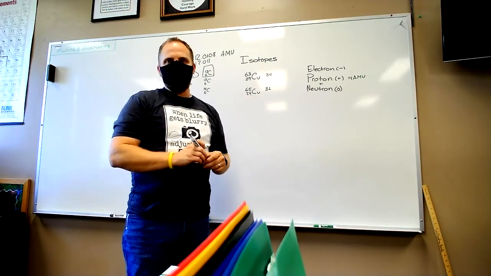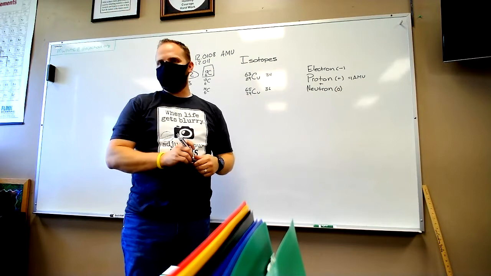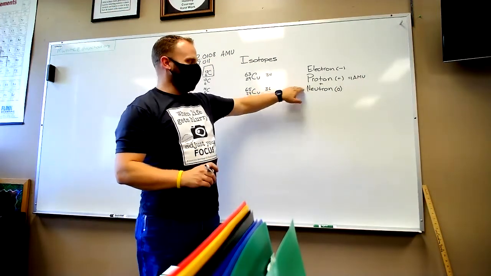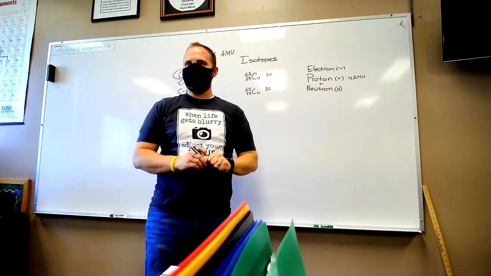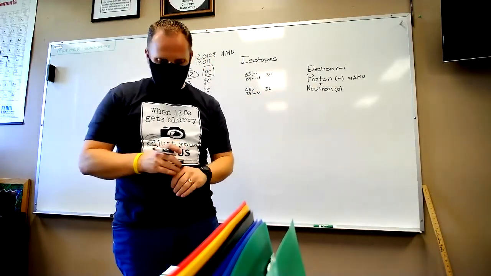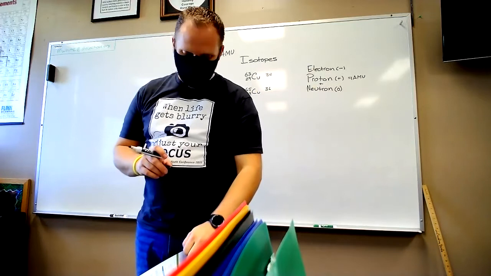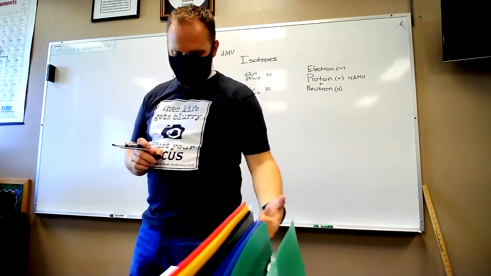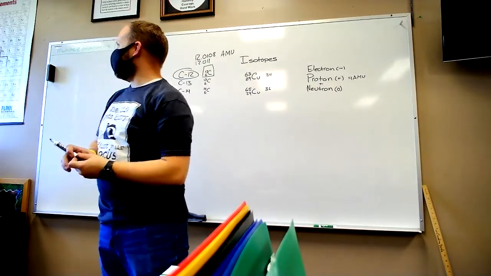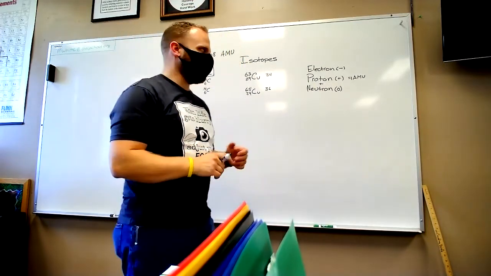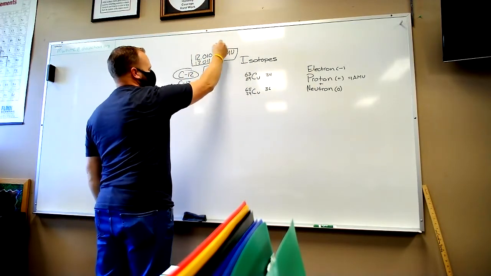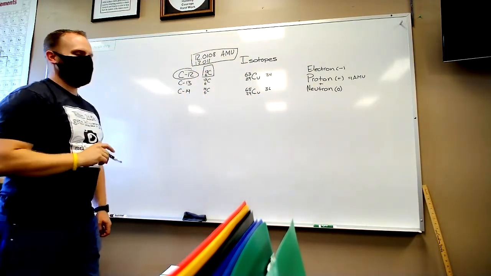We will never need to know that difference in this class. So for this class, one proton and one neutron are one AMU. So that's what we're actually putting on the periodic table. So one atom of carbon works out to be that many atomic mass units.